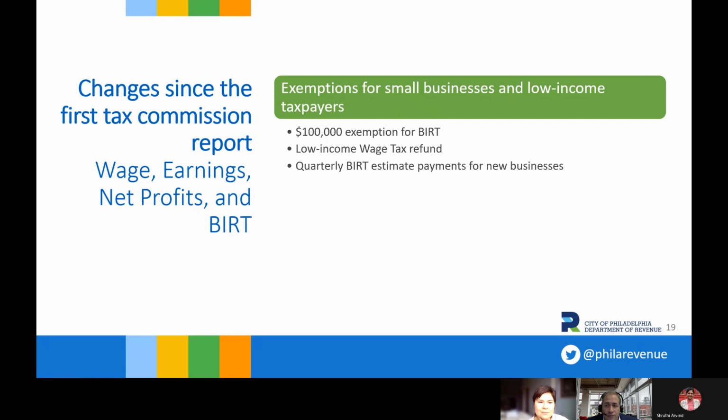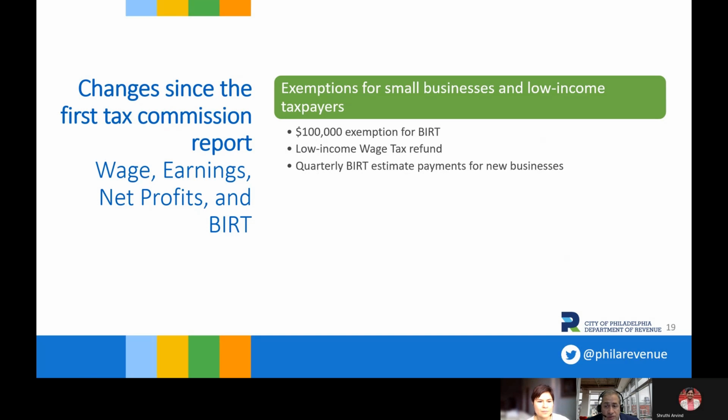And the third and final way we've made improvements to these tax types over the years is by lessening the impact of these tax types on small businesses, like I said, and low-income taxpayers, through exemptions and refund claims. So by now, you should already know about the $100,000 BERT exemption. And Rebecca also mentioned the recent expansion of the low-income wage tax refund that can now be completed online.